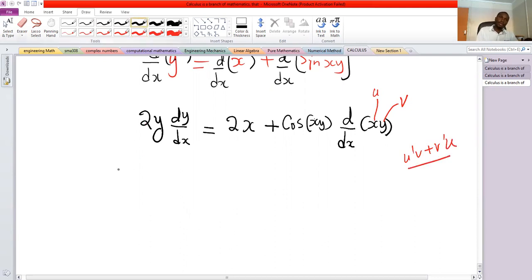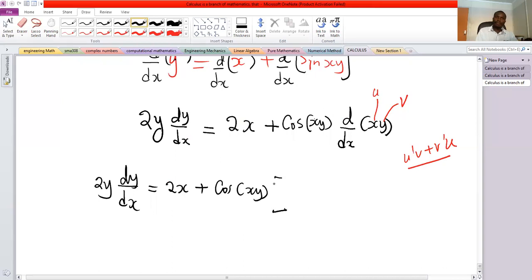So this will give you 2y dy/dx equals 2x plus cosine of xy times, so u prime, d/dx of x, times v, which is y, plus v prime, which is d/dx of y, times u, which is x.